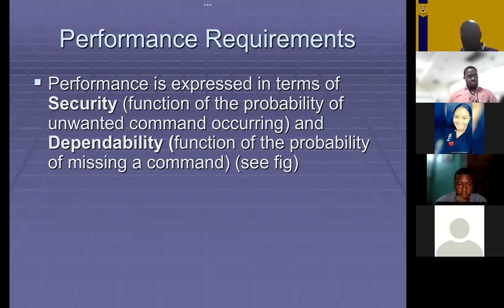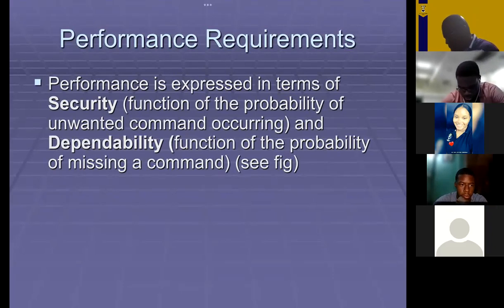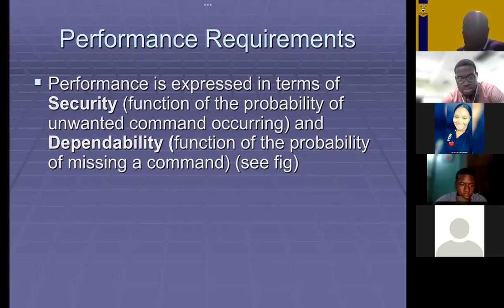Performance is expressed in terms of security, and the security is a function of the probability of an unwanted command occurring, while dependability is a function of the probability of missing a command.